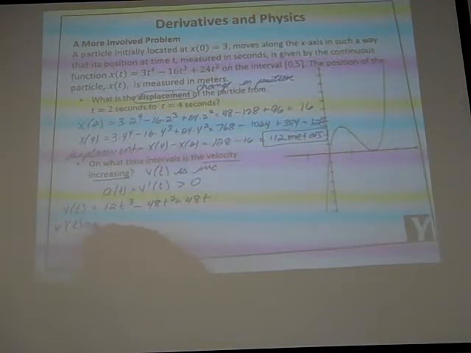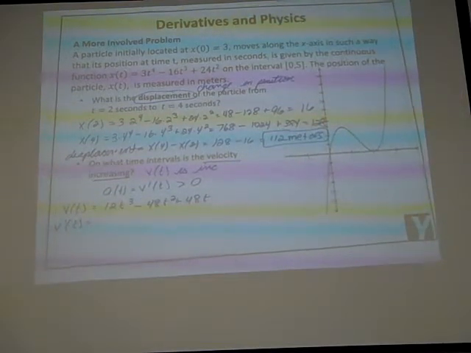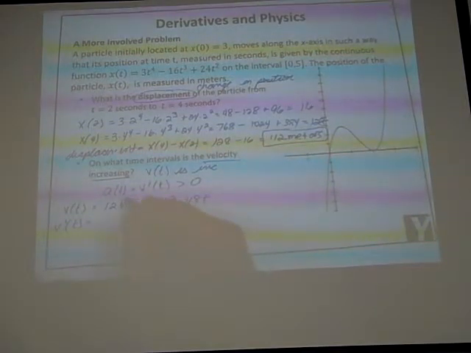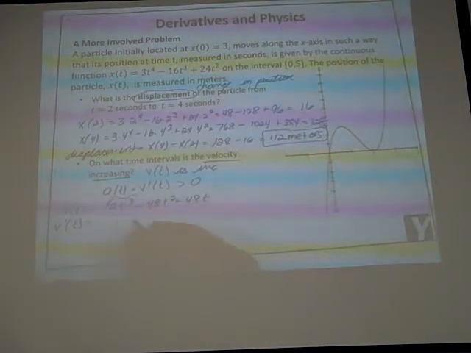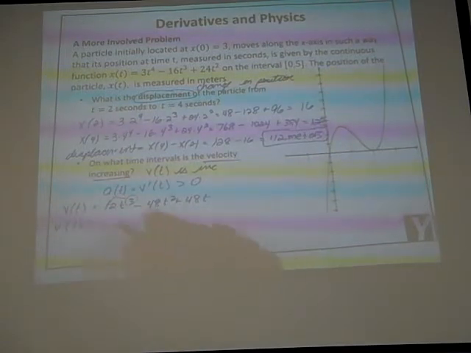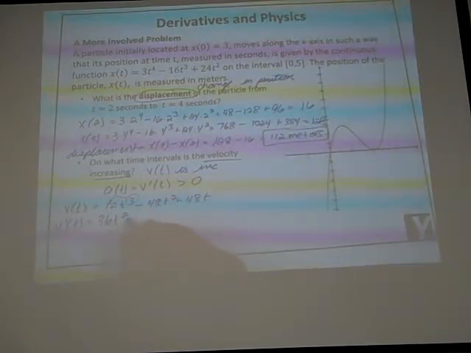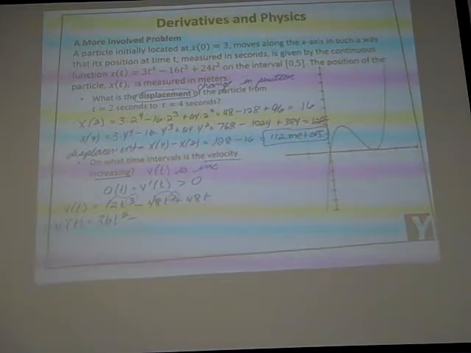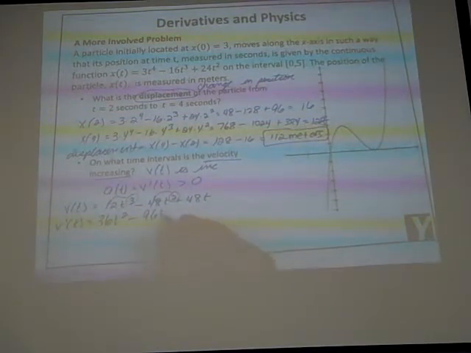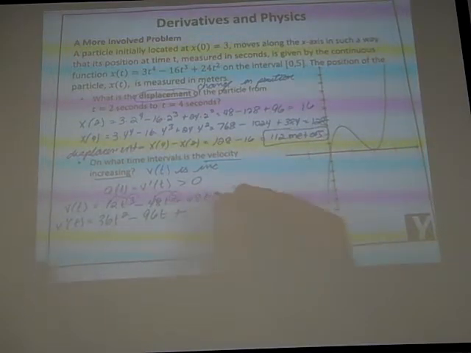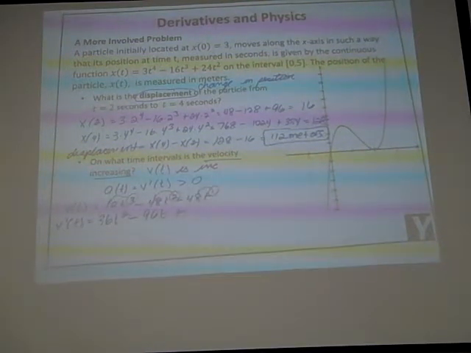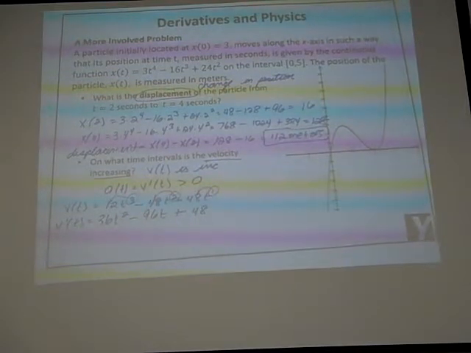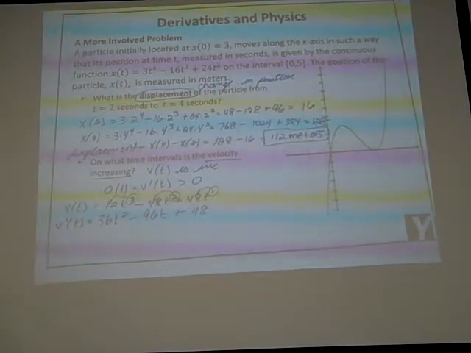If I take the derivative, we're going to use the shortcut. We bring the power down, multiply, reduce the power by 1. That'll give me 36t squared minus, bring the power down and multiply, reduce the power by 1, and again, bring the power down and multiply, reduce the power by 1. 36t squared minus 96t plus 48.